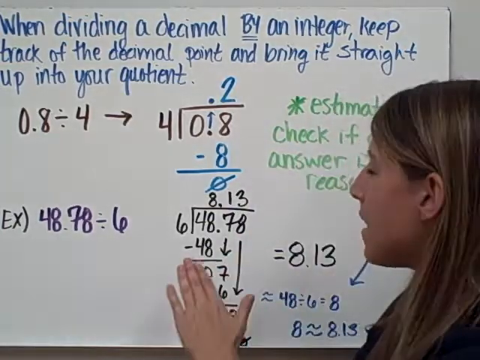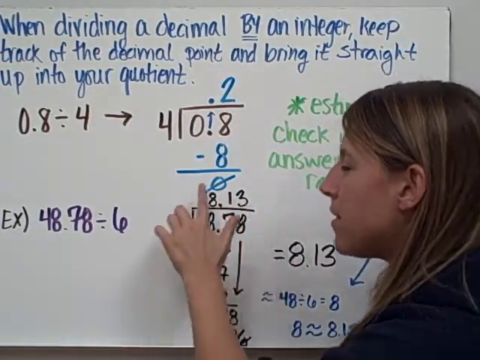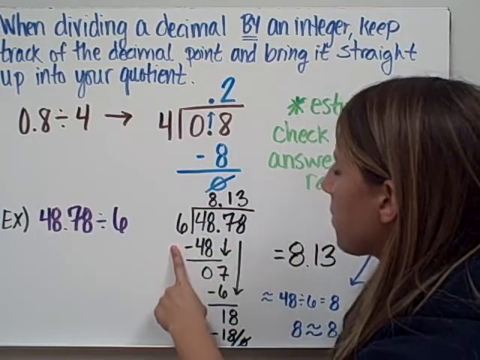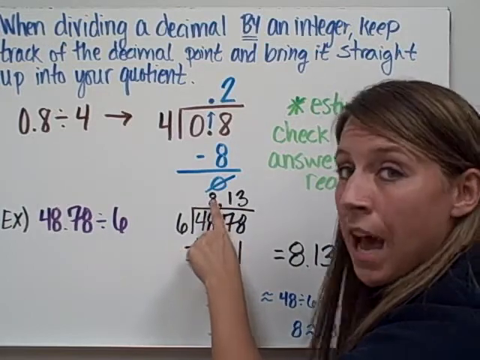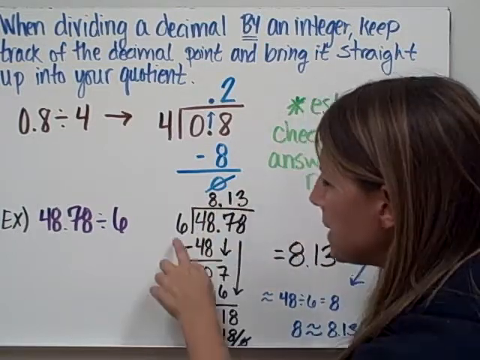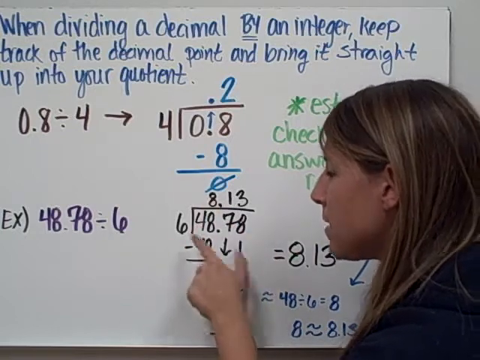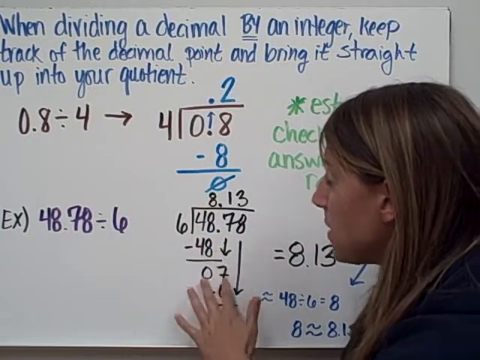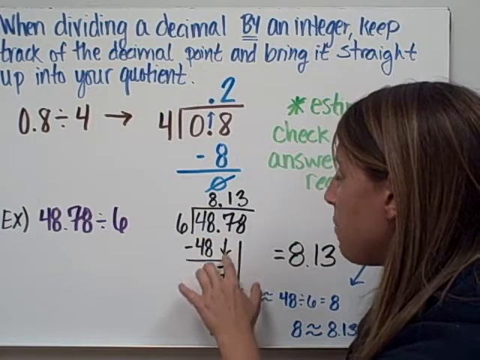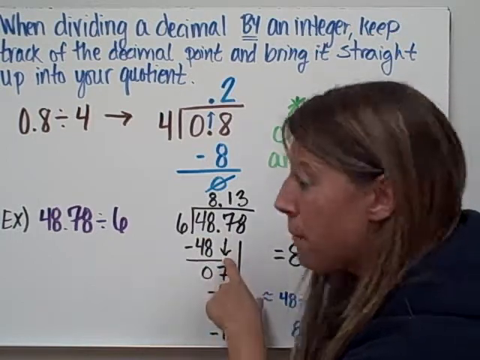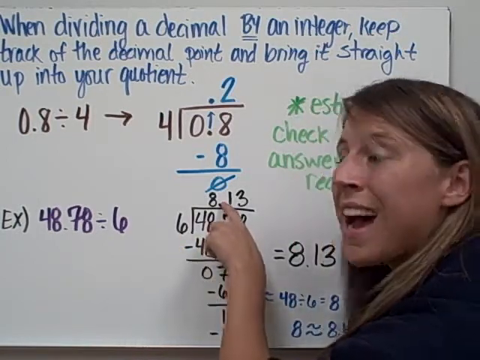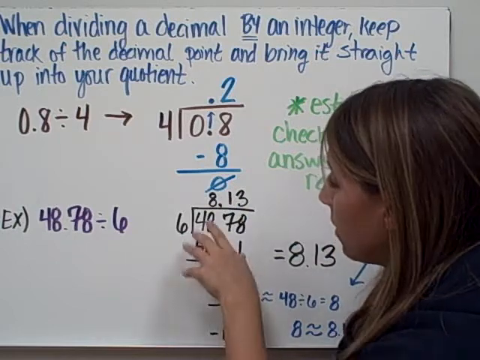So when I set this up, it's 48 and 78/100ths divided by 6. The decimal point comes straight up. I can do that right away. 6 goes into 48 8 times. That's an even 48, so when I subtract it away, I get 0. But then I bring down the 7 because I'm not done with the number. 6 goes into 7 one time. That's 6.